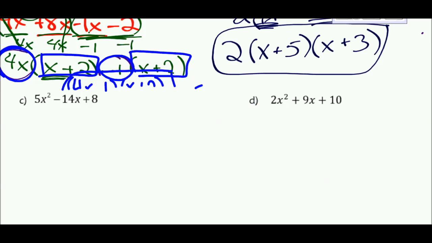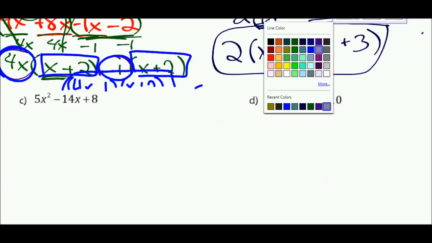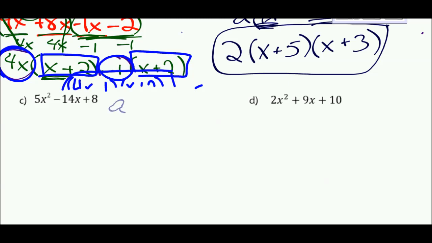What is A times C on number 3? What's AC there? What does that give us? That's 40. Caleb, what's B there?